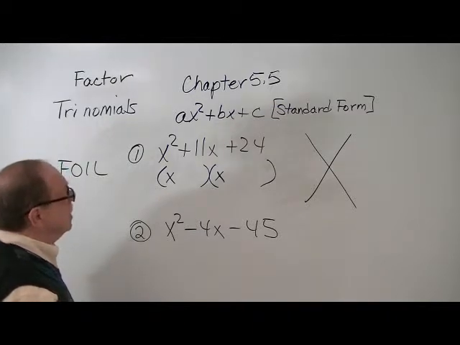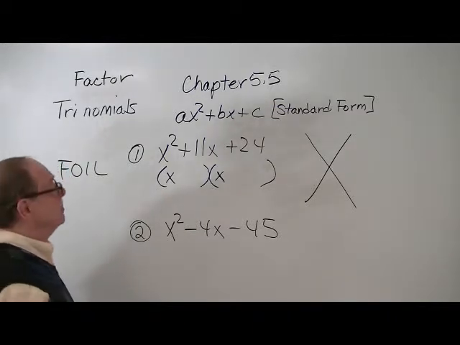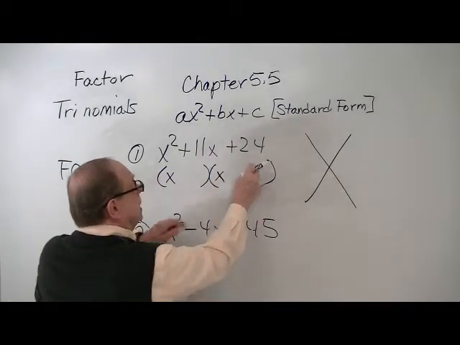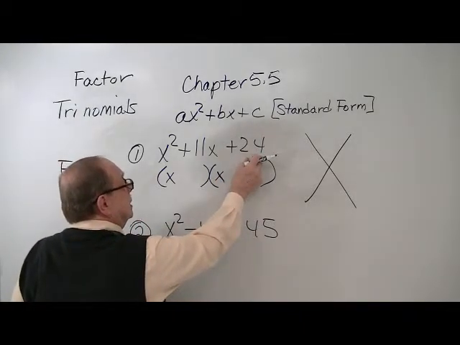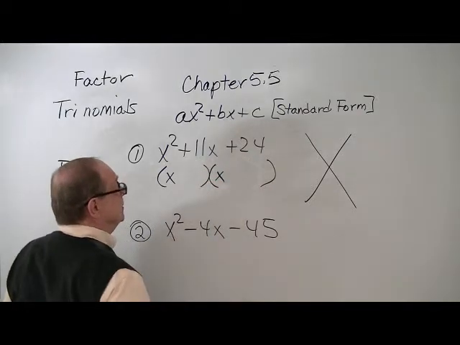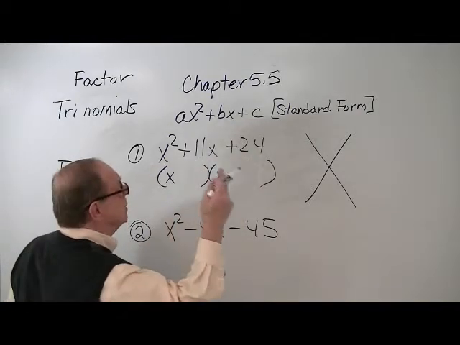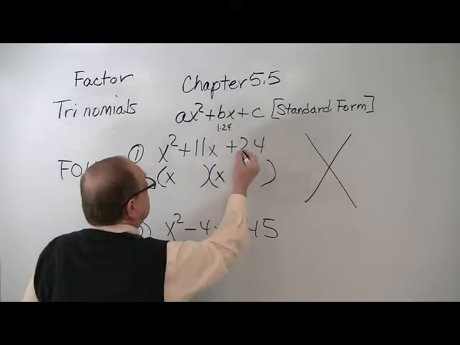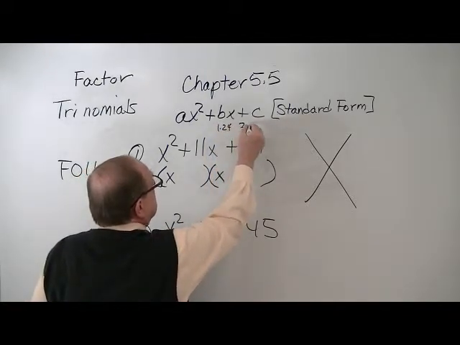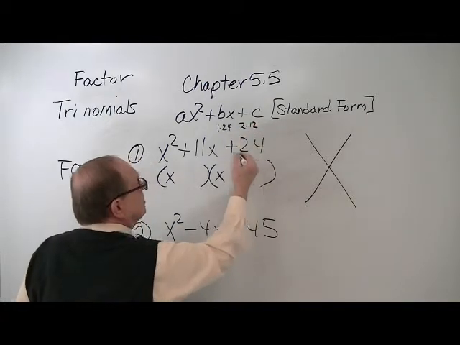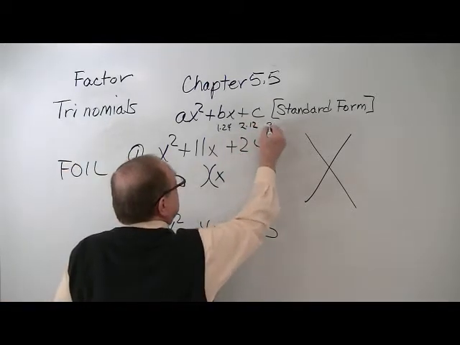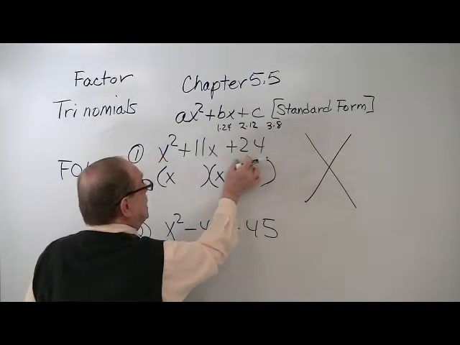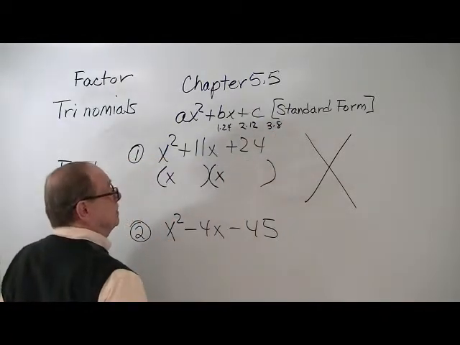So, what do we start thinking about? Well, we want to think about factors then of 24 that add up to 11. And mentally you start going through them. 1 times 24, that doesn't do it. 2 times 12, that doesn't do it. 3 times 8, 3 times 8 is 24, and it adds up to 11.